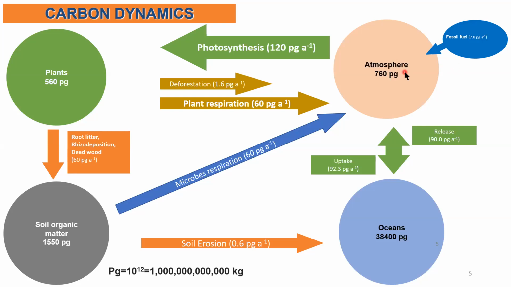But generally when we talk about carbon dioxide concentration, people always emphasize reducing deforestation, although deforestation is only 1.6. Of course, it's also huge, but if you compare it with that, it's very small.